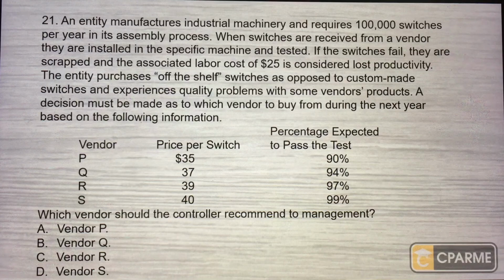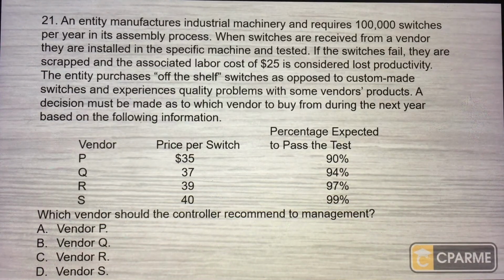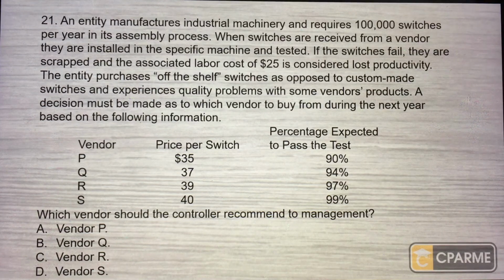For this problem, there are two computations that were adapted, because the concept of Wiley and the concept of Gleim are different. Wiley is direct in a way, since 100,000 switches is the total requirement considered in deciding which vendor should be chosen in buying these switches.